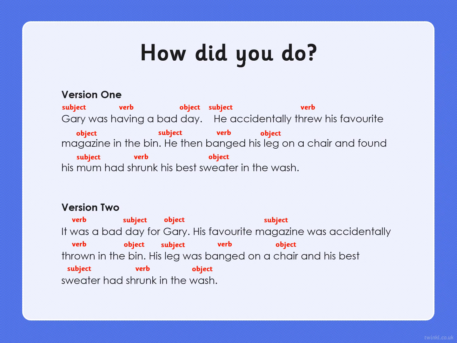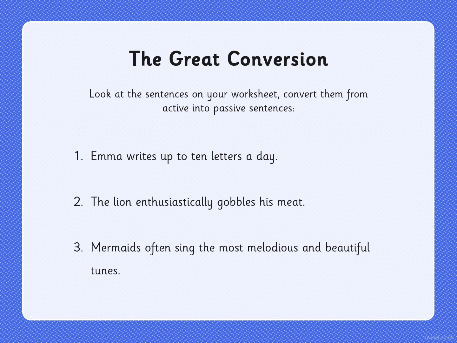Okay, you cannot form a sentence without that. All right, and then version 2, you've got your verb, any subject, any object, and then you've got subject, verb, object, subject, verb, object, subject, verb, object. So you need all 3, but notice the order there has changed, okay, for some of those sentences.